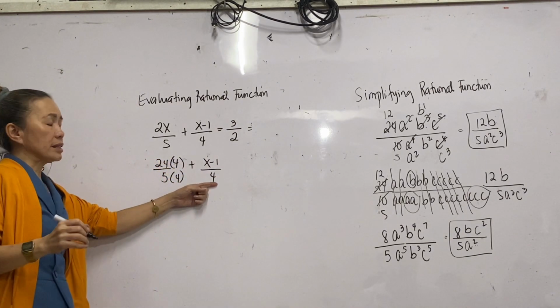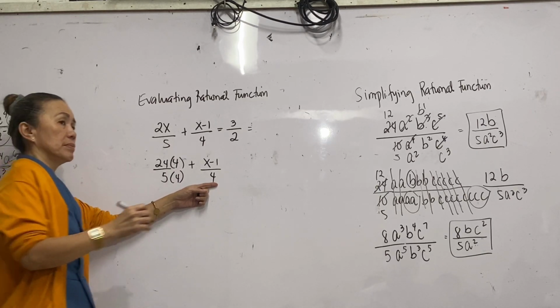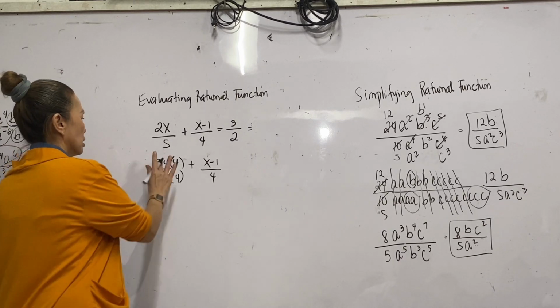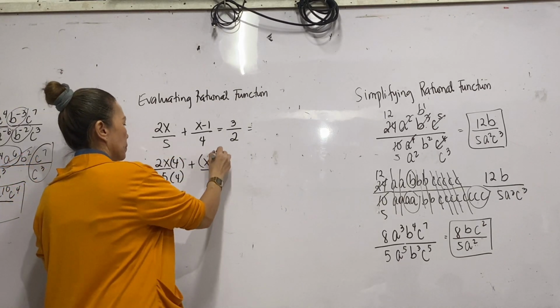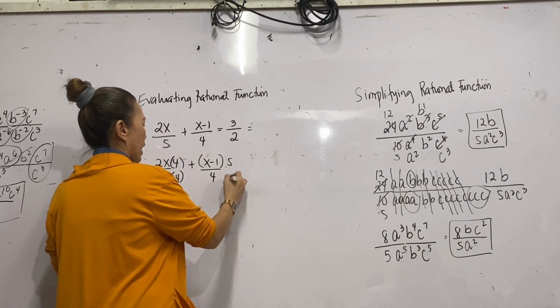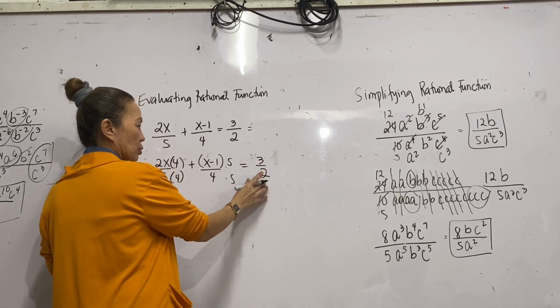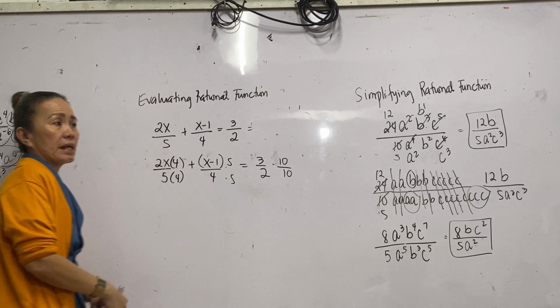To make it 20, multiply up and down by 5. Okay, so we have up and down multiplied by 5. Here, 3 halves para maging 20, up and down multiply by 10.